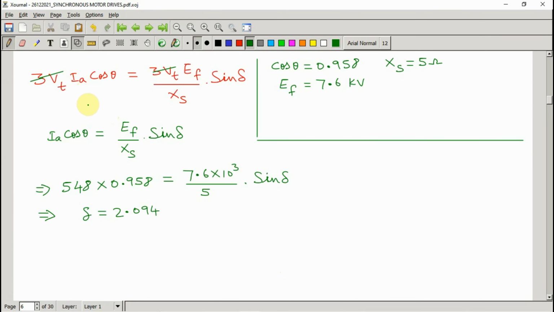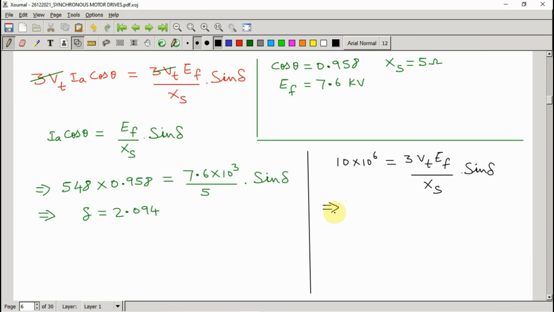3 Vt into Ia cos theta. Now we can do one more thing: the active power delivered is 10 megawatt, right? I am just showing it an alternate way, as I need to cross check it. So 10 megawatt, that means 10 into 10 to the power 6 watts, equals 3 Vt into EF divided by XS into sine delta.